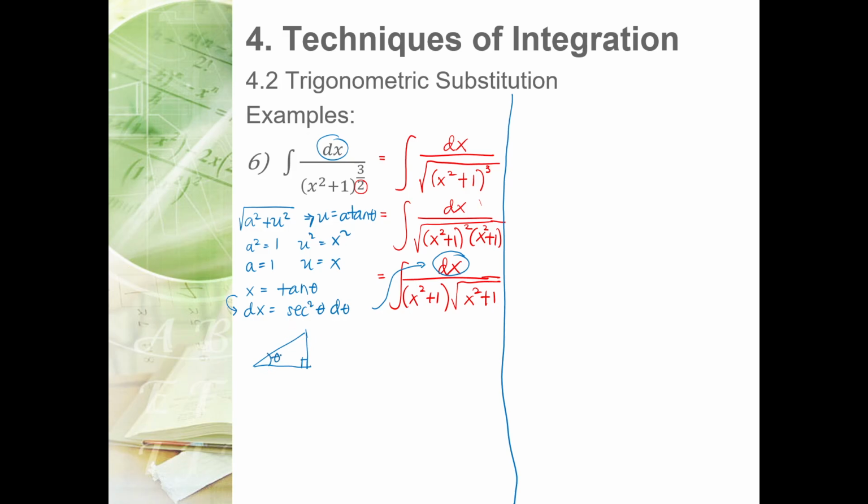So theta, again, coming from here, we have tangent theta is equal to x all over 1, right? X and then 1. So this one is the square root of x squared plus 1.